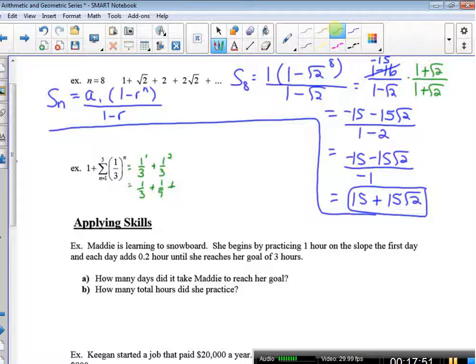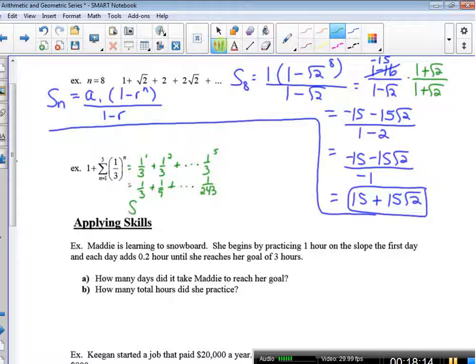And so the fifth term is going to be 1 over 3 to the fifth, which is 1 over 243. So I need the sum of these 5 terms.